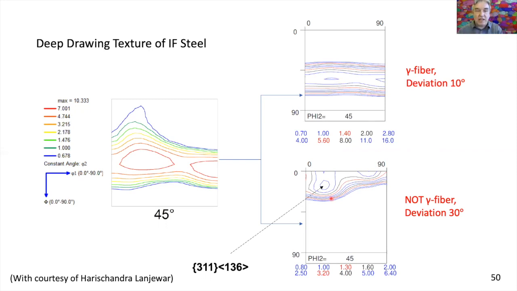If you only extract from this material the grains which are at least 30 degrees away from the texture, so they do not appear in the overall statistical distribution, you can see that nevertheless in the background of the orientation distribution, you clearly have the 311136 component.